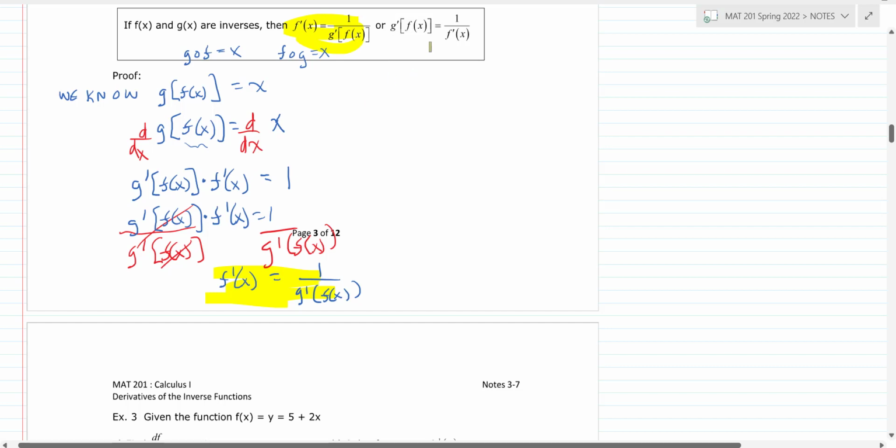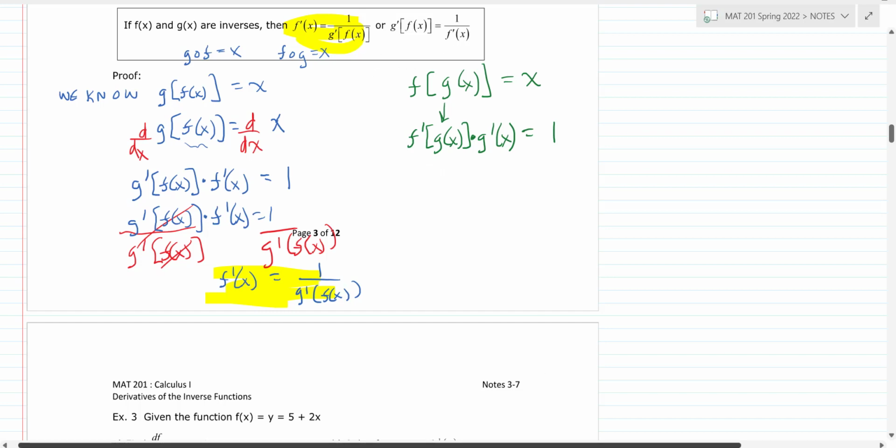Now, if I do this backwards, I could do the same argument with f of g of x, which we know is equal to x. If I take the derivative of this side, I get f prime of g of x times the derivative of what's inside, and the derivative of x gives 1. If I solve this for g prime, these things really are just reciprocals of each other.